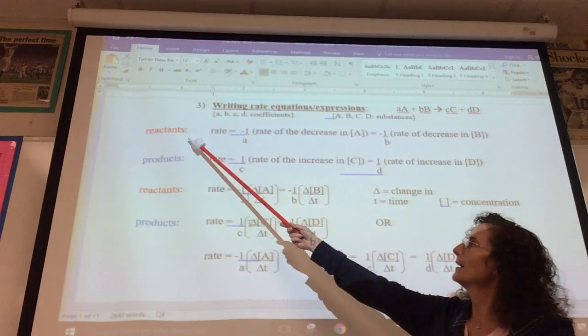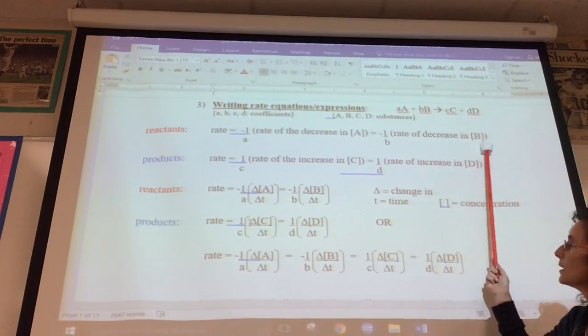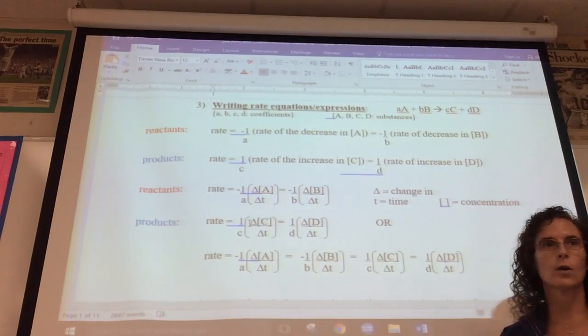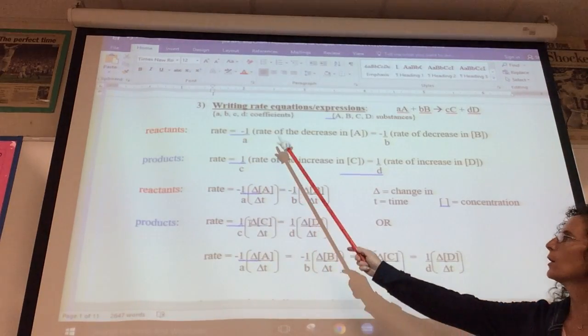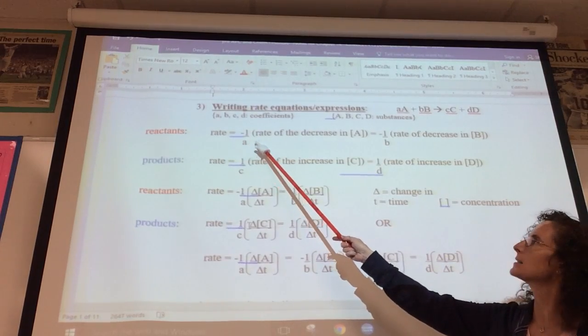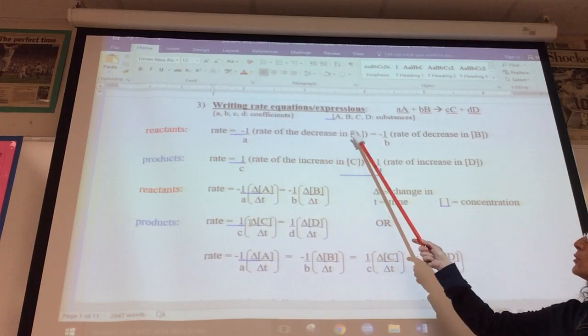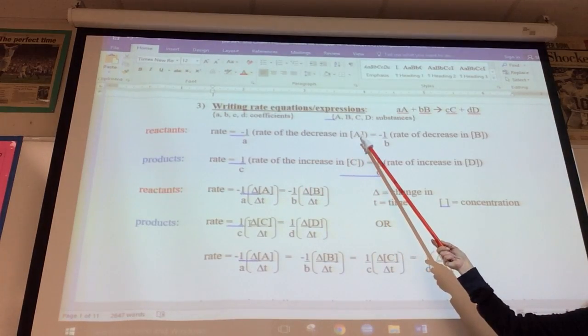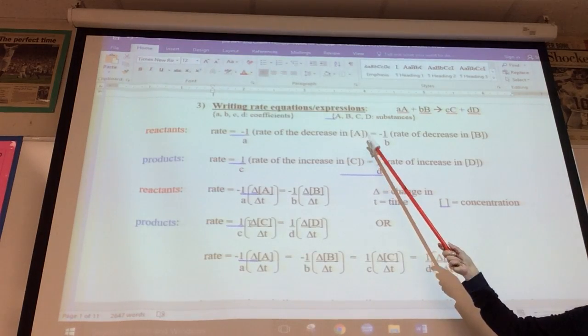So for the reactants, when you write a rate equation or expression, you'll have rate is equal to, reactants always start with -1 over the coefficient of that reactant, the rate of decrease in the concentration of A. We know that reactants get consumed, so their amounts will decrease over time.